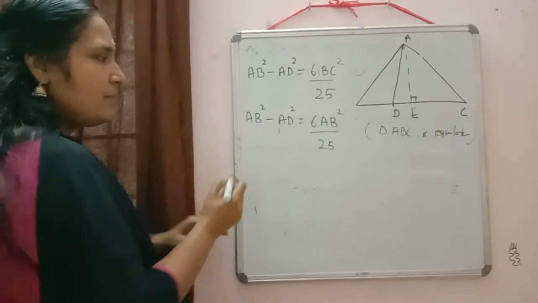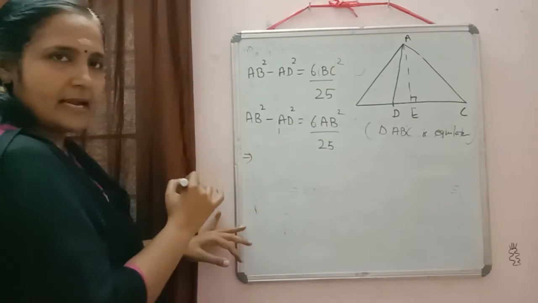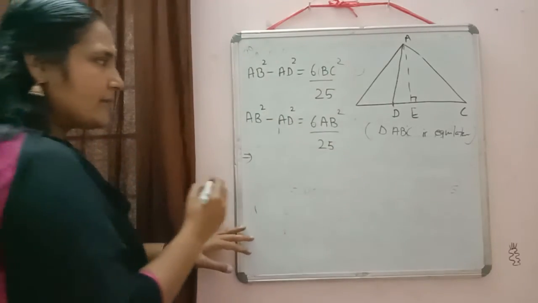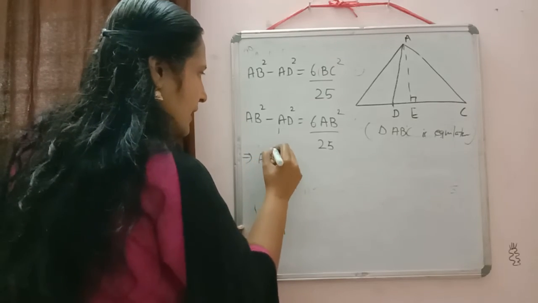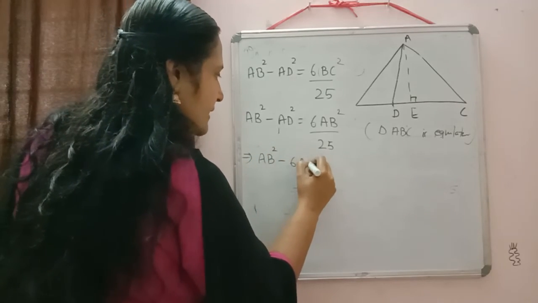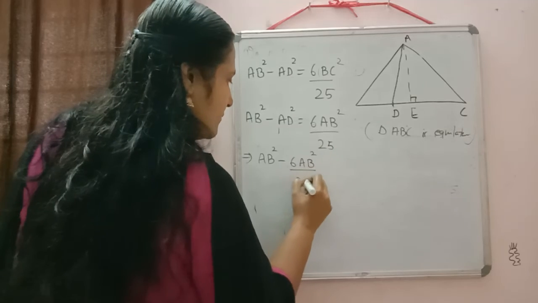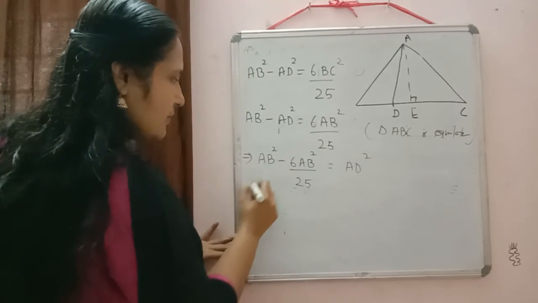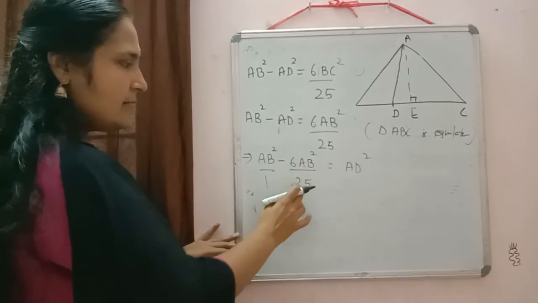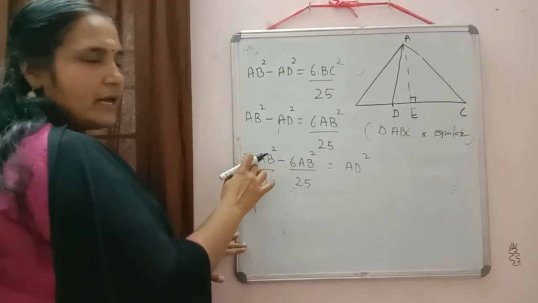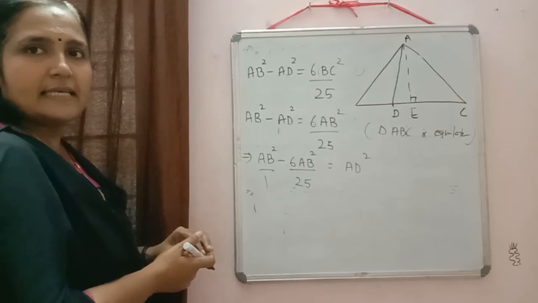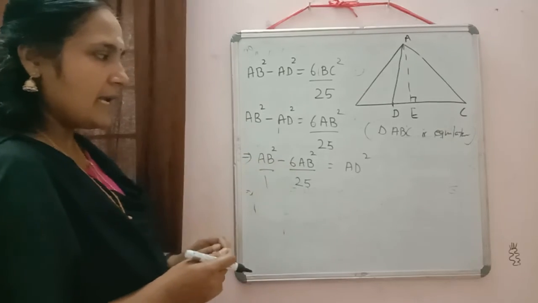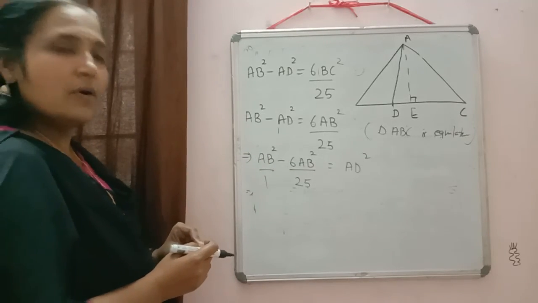So now 6AB square I am shifting to left hand side and AD square to right hand side. Then it will come AB square minus 6AB square by 25 is equal to AD square. Now just do the cross multiplication, then it will come 25AB square minus 6AB square. 25 minus 6 will be equal to 19.